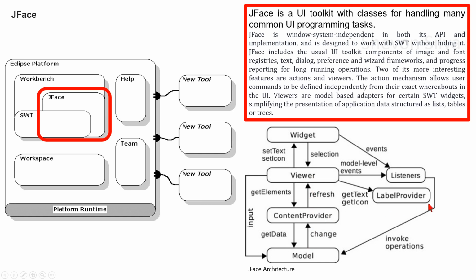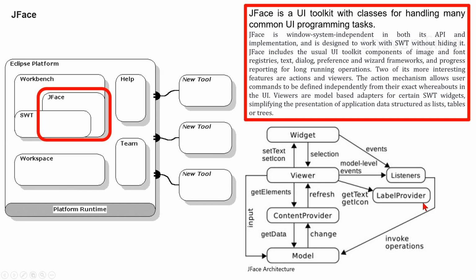The label provider is called back for each element delivered by the content provider, usually to obtain concrete strings and icons to represent the element on the screen. A list viewer will request one text-icon combination per element.